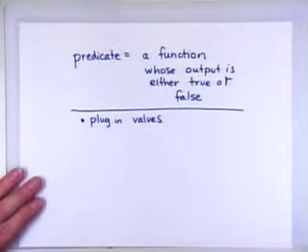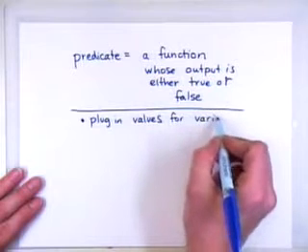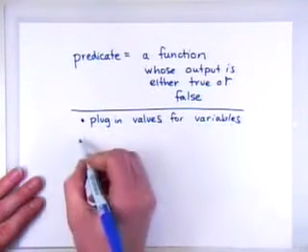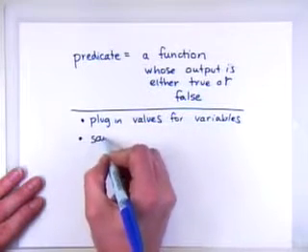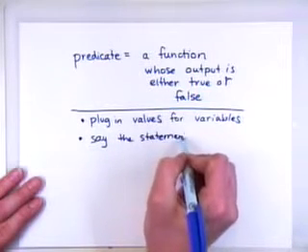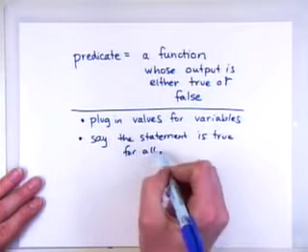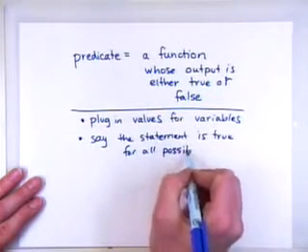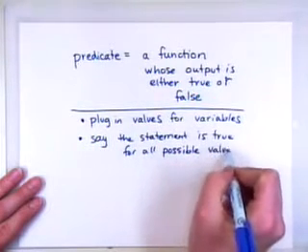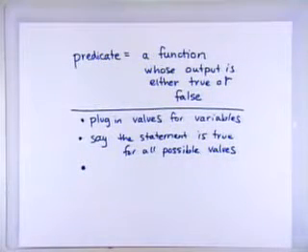If we have a statement that has variables, we can either plug in values for the variables, or we can say the statement is true for all values of the variables. And does anybody have any other ideas of how we would make a statement with variables in it into a statement that's either true or false?